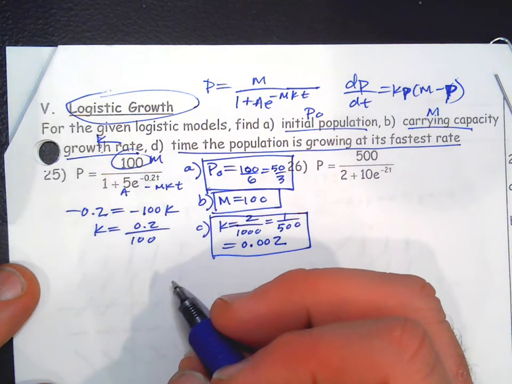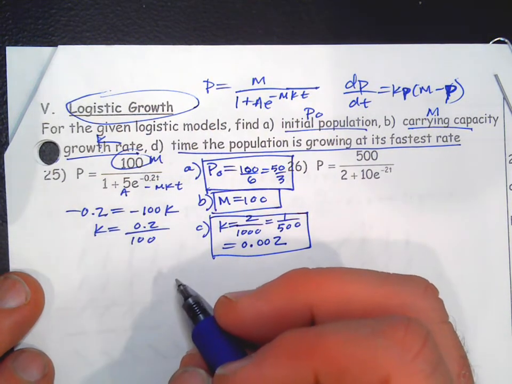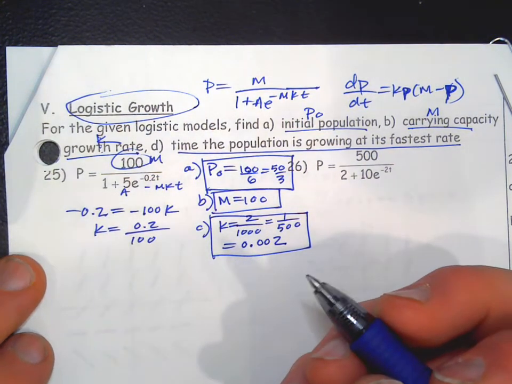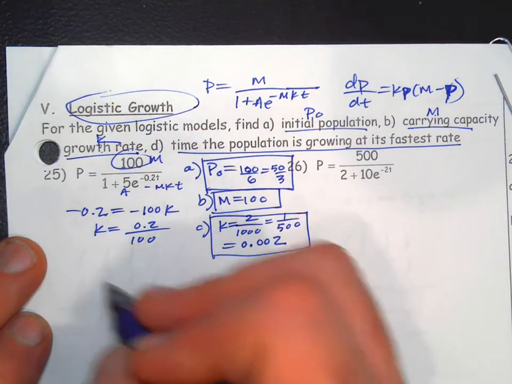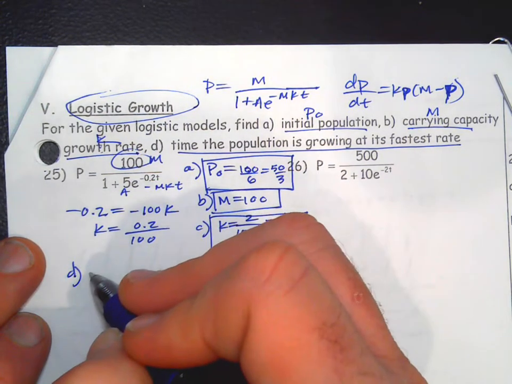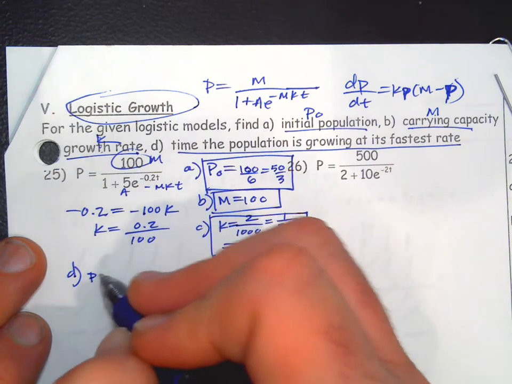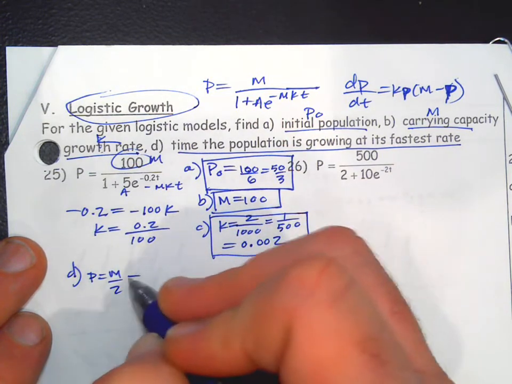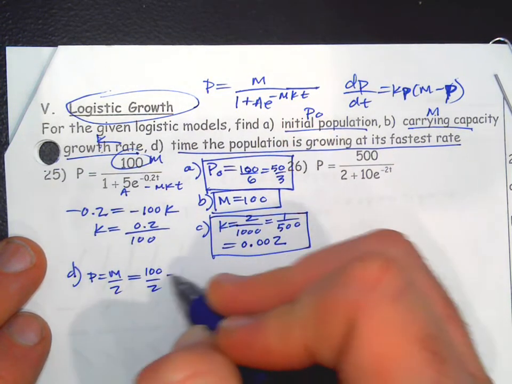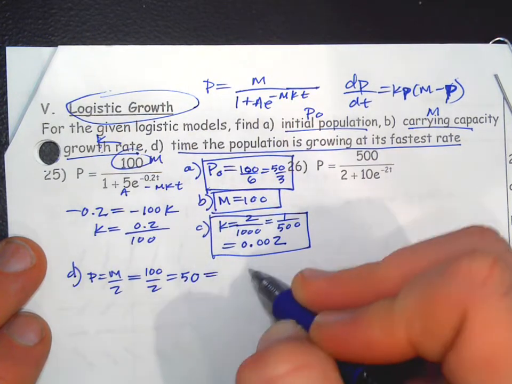And then the time when the population is growing fastest. So we know that happens at half the carrying capacity, right? So that's going to be when P equals M over 2 equals 100 over 2 equals 50. And we set it equal to our equation.